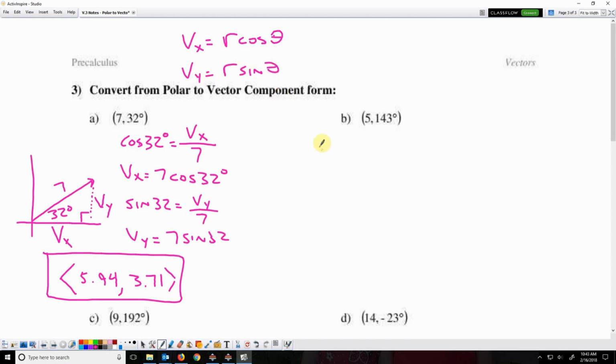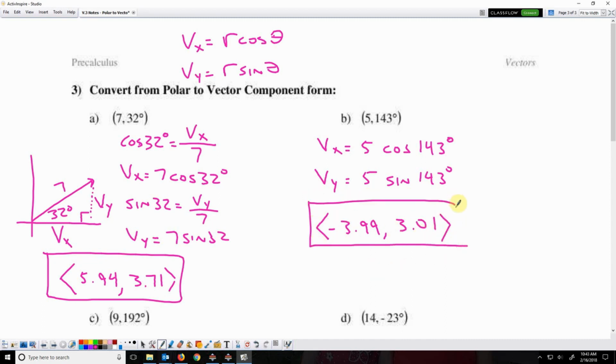So here, the vector's x component is 5 cosine 143. And the y component is 5 sine 143. Okay, so when you type that in your calculator, you're going to get the x component is negative 3.99. The y component is 3.01.